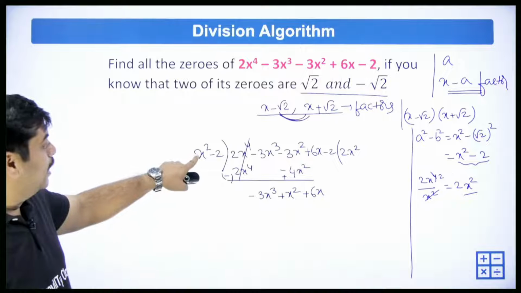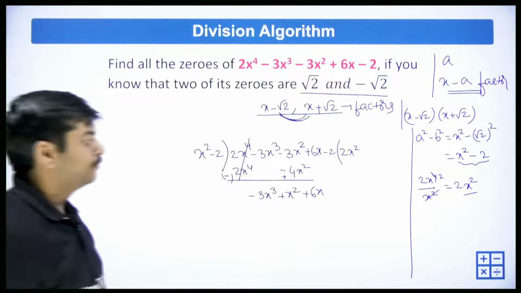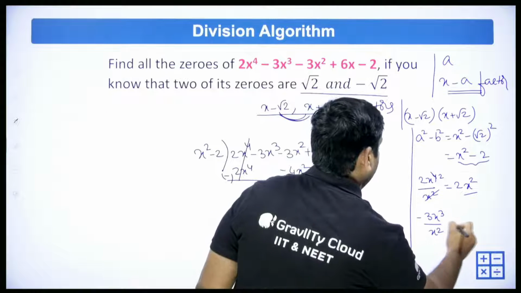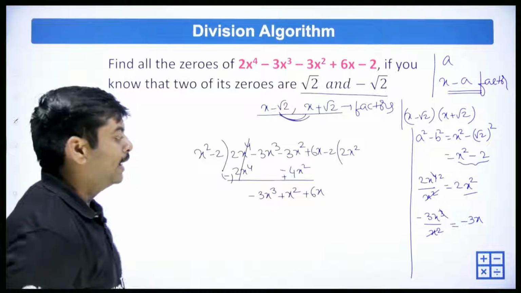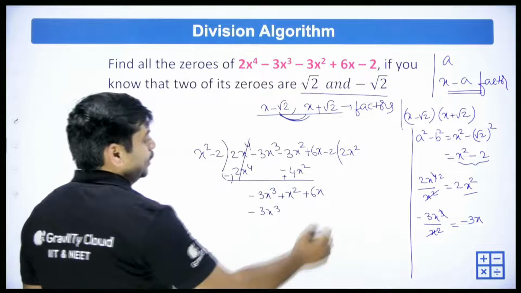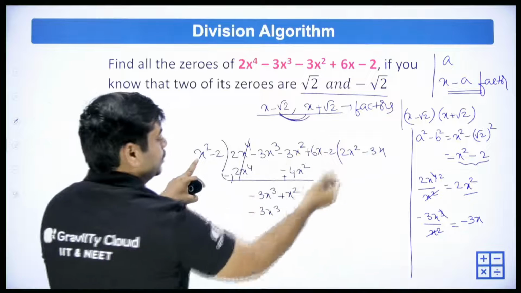So now minus 3x cube by x square, divide the first two terms, will give you minus 3x. So x square into minus 3x is minus 3x cube.